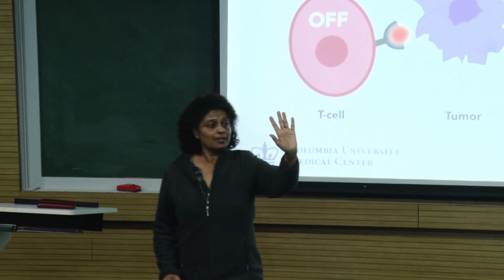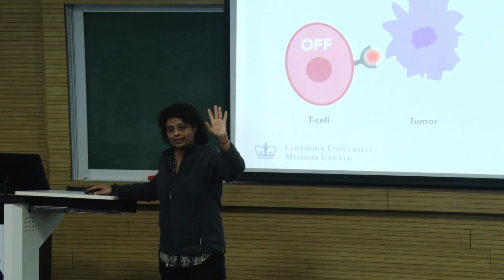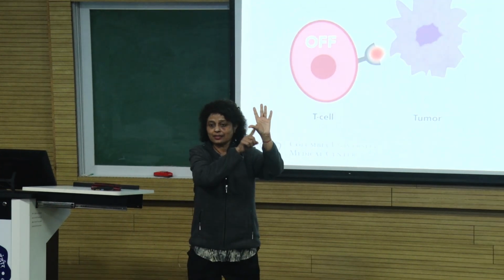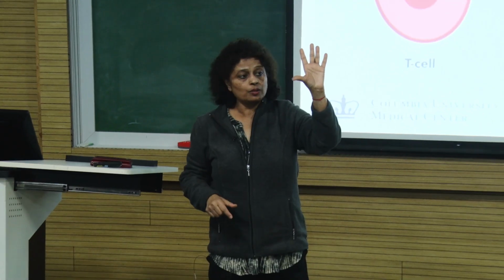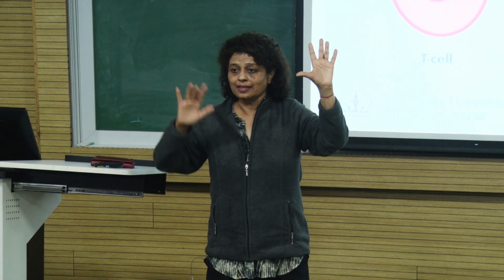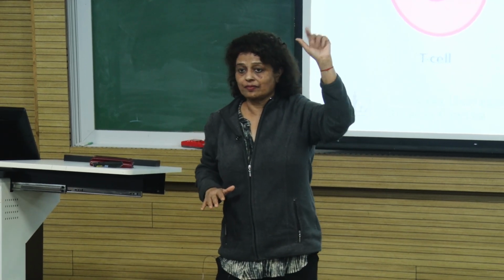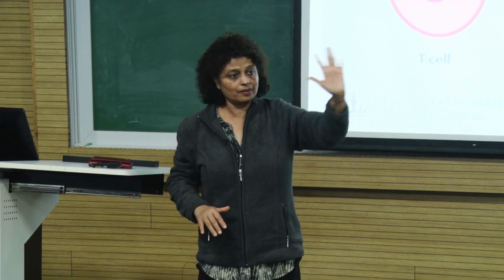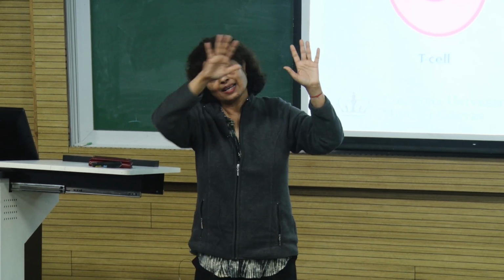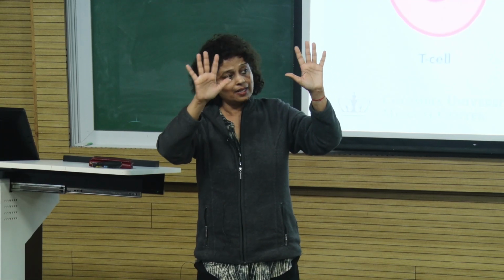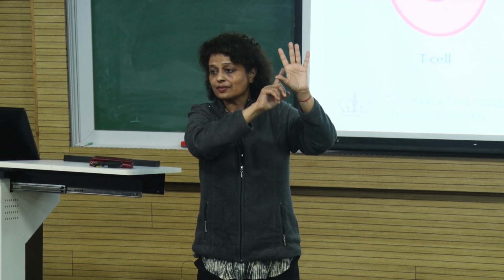Imagine this is a T cell and this thumb is the PD-1 receptor. This T cell is very active, hyperactive. These are APC cells, another kind of immune cell, and they recognize that this T cell is very active.